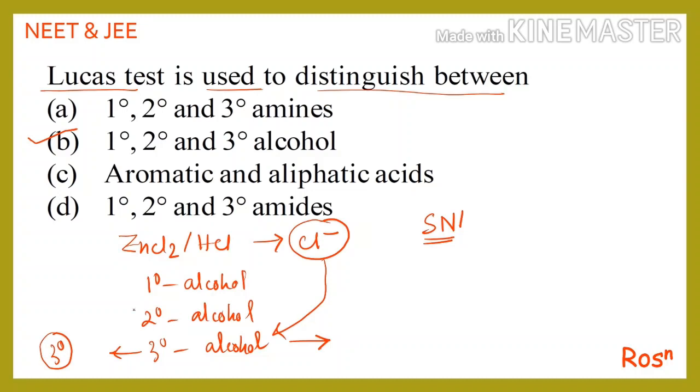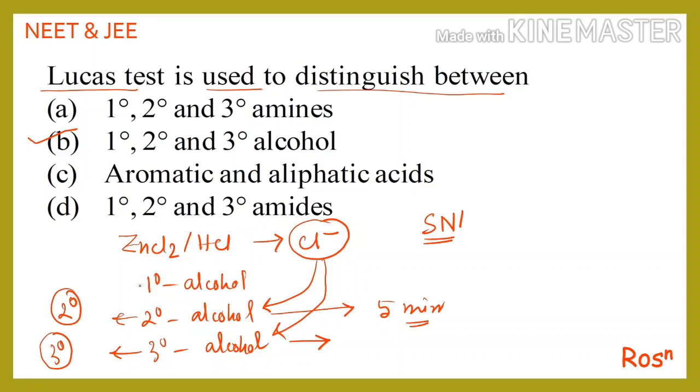Clear? But for the 2 degree alcohol which forms the 2 degree carbocation, then the Cl minus ion attacks. So the 2 degree alcohol forms the turbidity after 5 minutes.